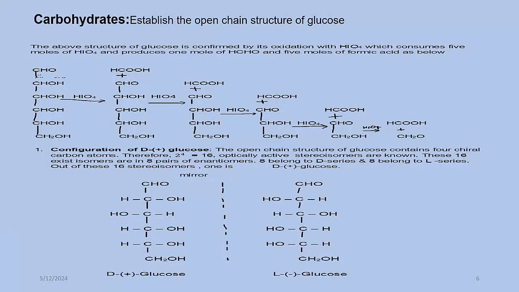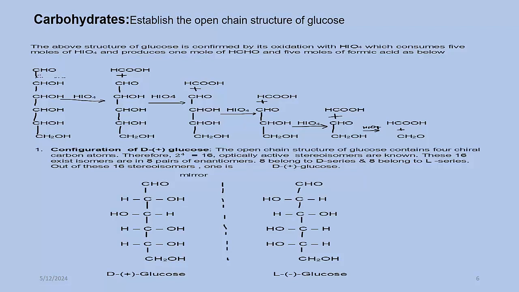Above structure of glucose is confirmed by its oxidation with periodic acid, that means HIO4, which consumes 5 molecules of HIO4 per molecule of glucose and produces 1 mole of formaldehyde and 5 molecules of formic acid.